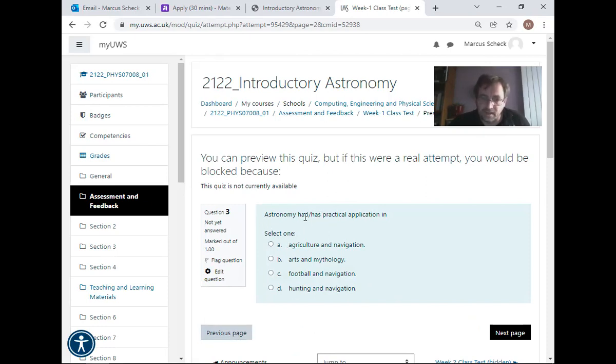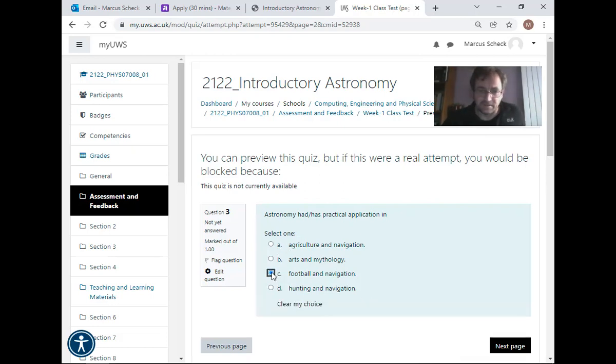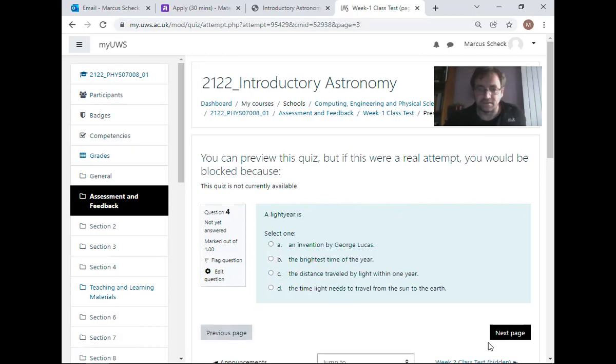Question: astronomy has practical application in agriculture, navigation, arts and mythology, football and navigation, hunting and navigation. So you pick what you want. Let's say football and navigation sounds good. Go to the next page. And then your question 4, the idea is, don't be scared.